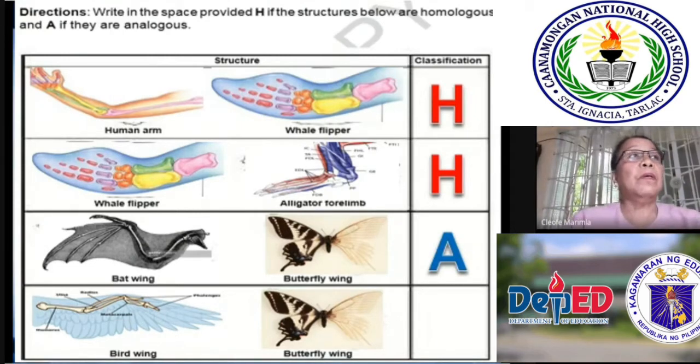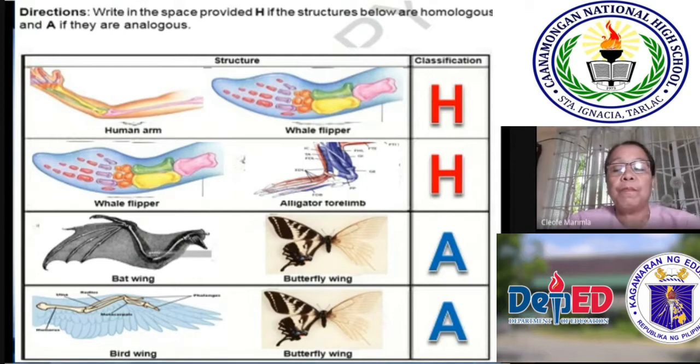Number 4, birdwing and butterfly wing. Excellent answer. It's an analogous structure. They are analogous structures because they have different ancestors, but they perform the same functions.